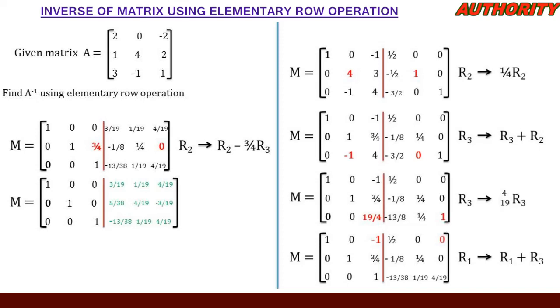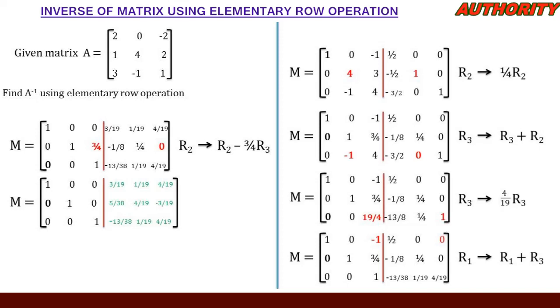So minus 13 all over 38 multiplied by 3 all over 4, what are we going to have? We are going to have 39 all over 52. This 39 all over 52 is to be subtracted from row 2. So minus 1 all over 8 plus 39 all over 52 is going to give you 5 all over 38. All right, good.